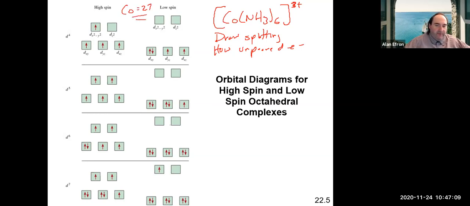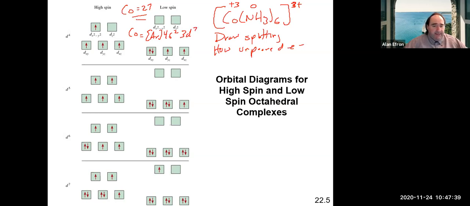What we got going, we'll first start with obviously what is the charge on cobalt. So NH3 is 0 and the overall guy is +3. That means cobalt really has a +3 charge. That also means that if we did cobalt with no charge, it would be argon 4s2 3d7, I believe in this case.